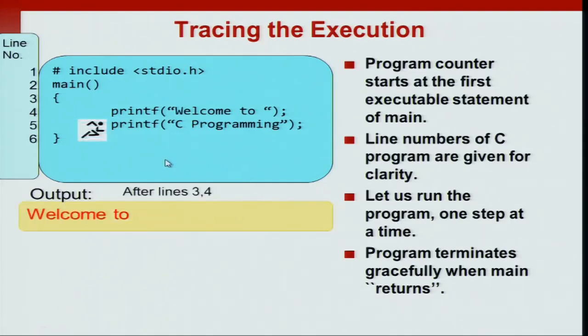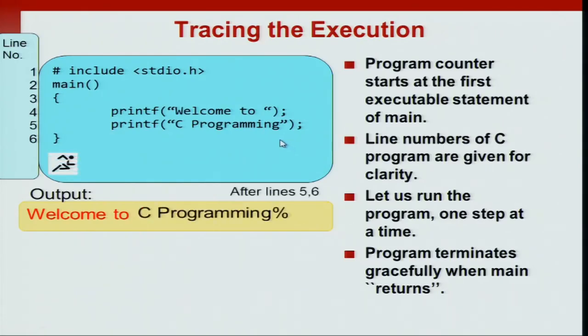Okay. So, first we execute the first line of the code. After we are done executing lines 3 and 4, the message welcome to will be printed on the terminal. This will be followed by the next line. So, the next line says C programming. Okay. So, after the next line executes, it will print C programming.